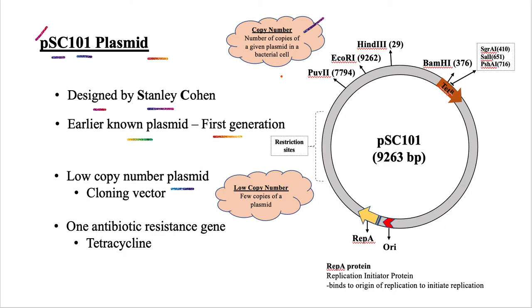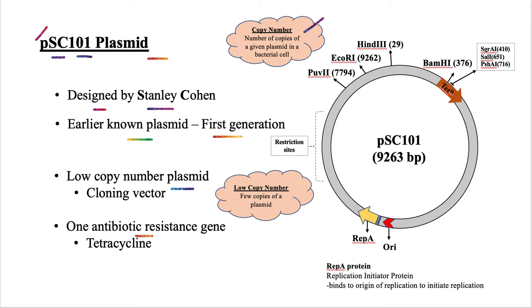However, if we have many copies, for instance hundreds or 200 or more, we call it high copy number. So pSC101 is a low copy number plasmid, and we use this plasmid for cloning purposes. If we want to make many copies of our gene of interest, we use the pSC101 plasmid.